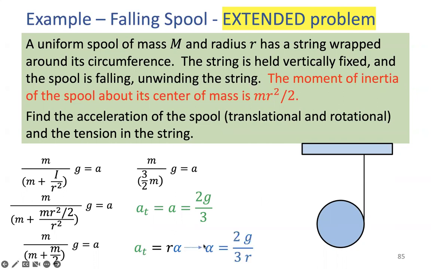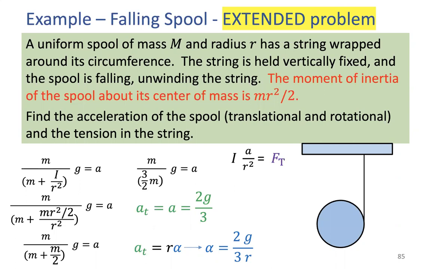Here we can find alpha is equal to A divided by R. A is 2 times g divided by 3, divided by R. All you have to do is take a number divided by the radius of the spool. If it is 0.5 meters, or 10 centimeters, done, you have a number.